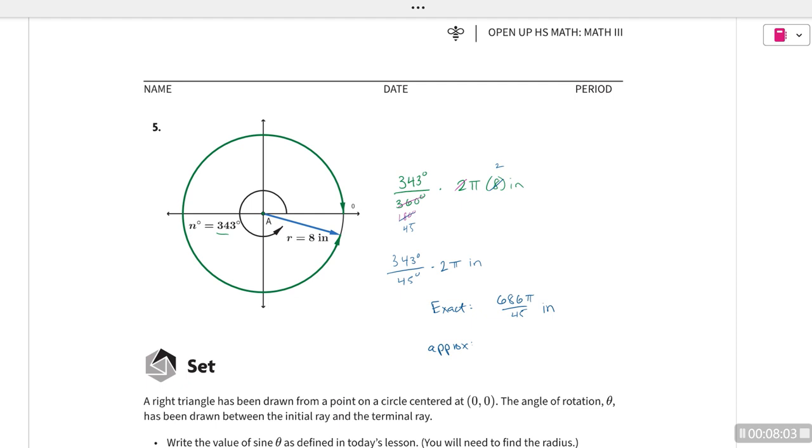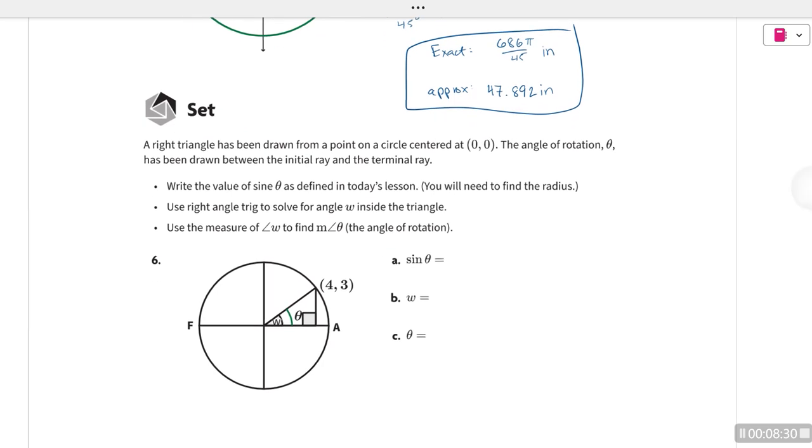If we do that, we get a little bit over 15 times pi, which gives us about 47.89, and then it's 1/8, so I'm going to round it up to 2 inches. Okay, let's move on to our set problems.